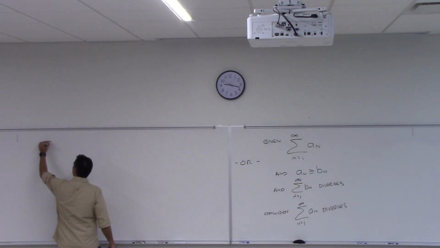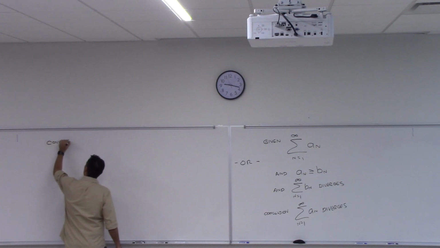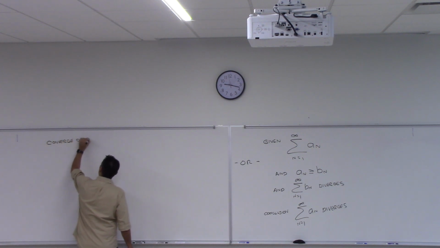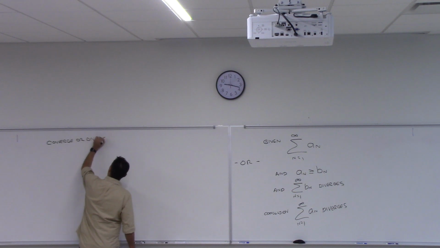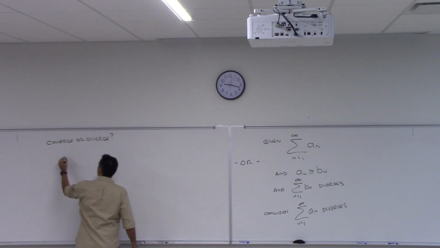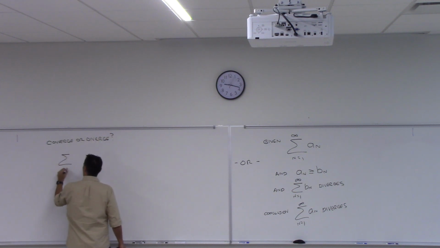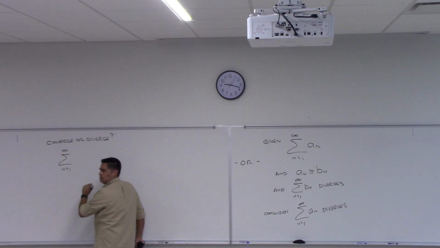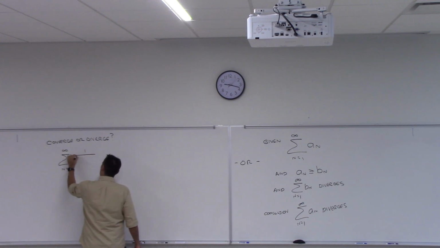So does this converge or diverge? Question: the sum from n equals 1 to infinity of 1 over 3 to the n plus n.